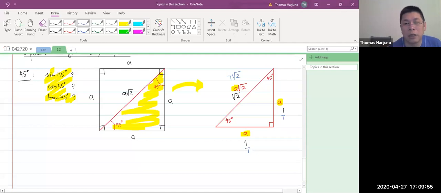From the leg to the hypotenuse, multiply by square root of 2. From the hypotenuse going back to the leg, you divide by square root of 2.